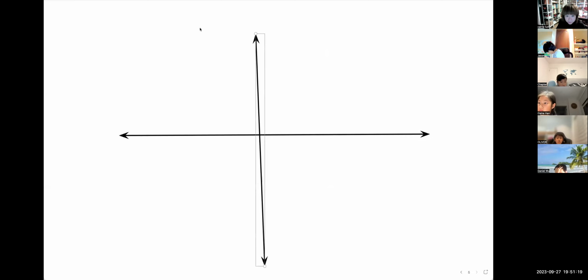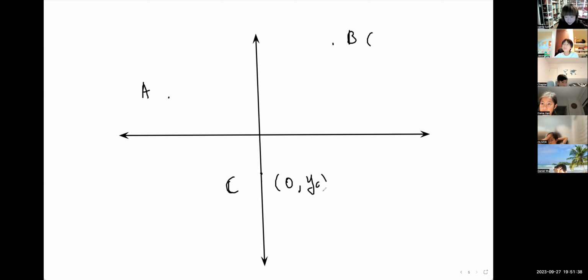So I have this one equals A, and I have this one equals B. Okay, and I have a C here. So obviously, because C is located on y-axis, so it's like x is 0. So 0 and yc. Okay, so this one is 3 and 4.